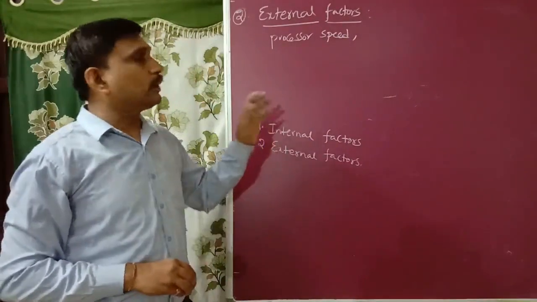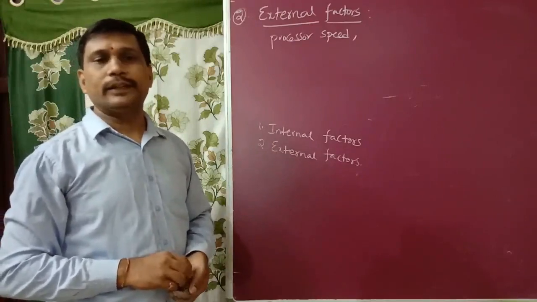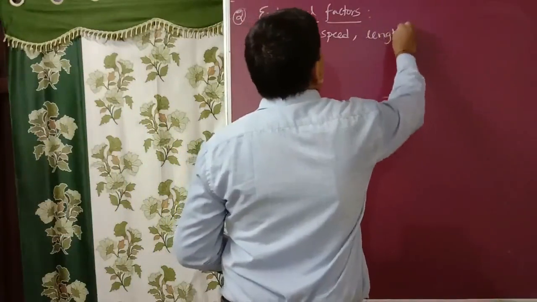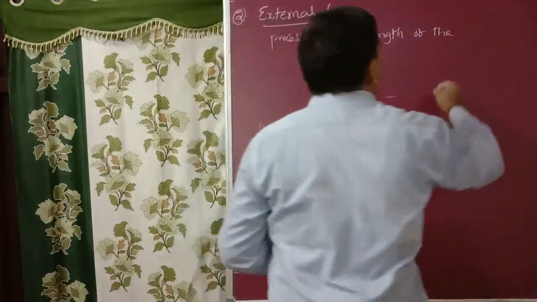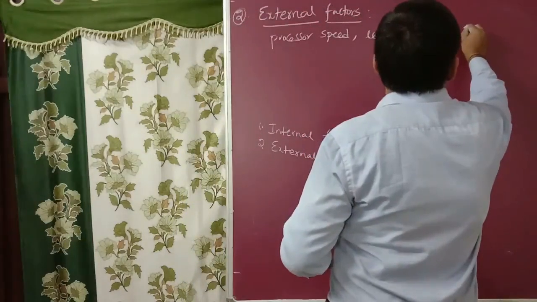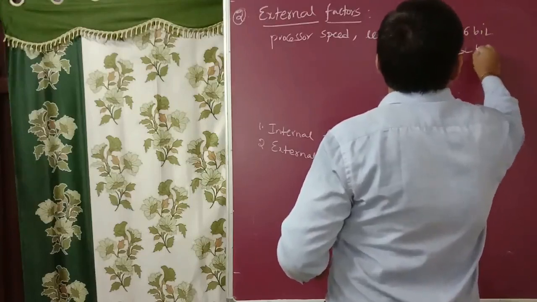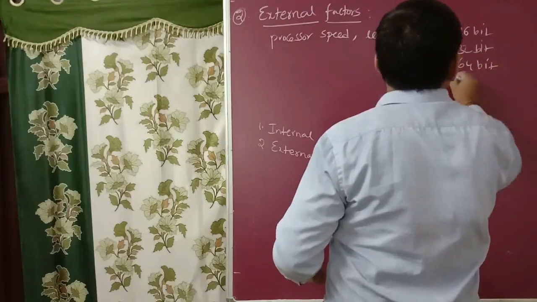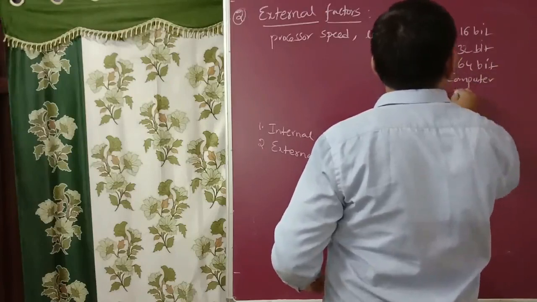A program's performance depends on this processor speed and the length of the 16-bit, 32-bit or 64-bit computer or system we are using.